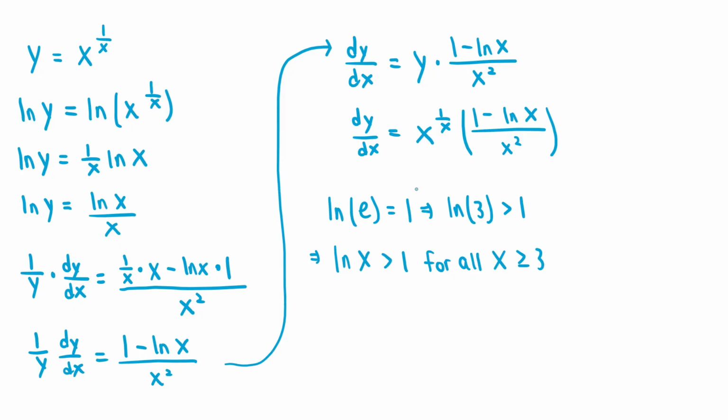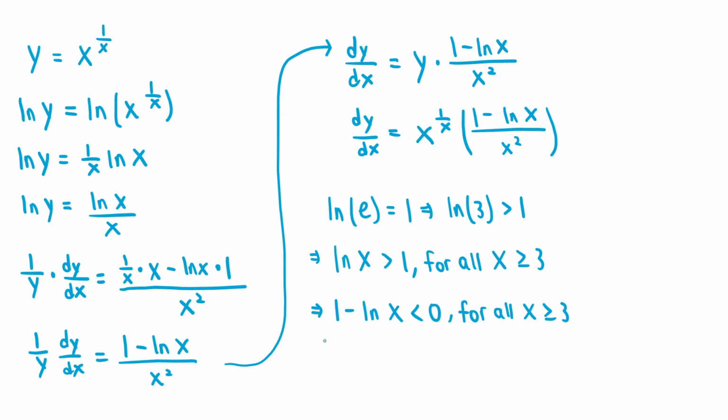Since the logarithm is a strictly increasing function, we can infer that ln of 3 is strictly greater than 1. We might not know what the exact value of ln of 3 is, but we can be sure that it's definitely greater than 1. And since the function is strictly increasing, we can say with certainty that ln of x is greater than 1 for all x greater than or equal to 3.